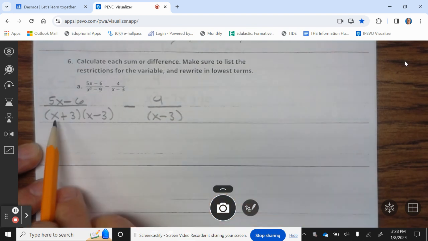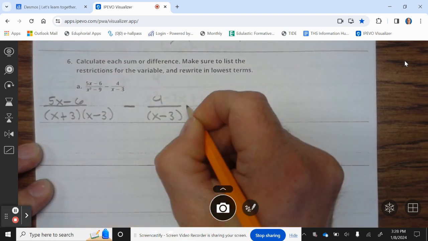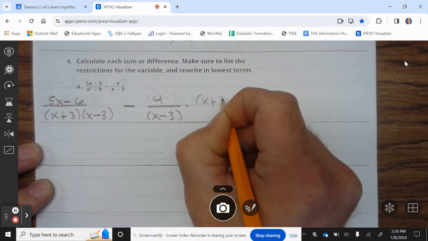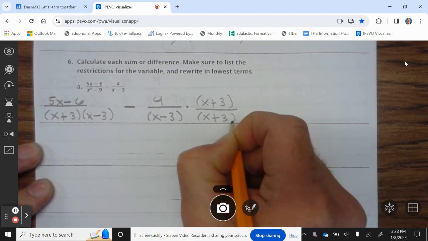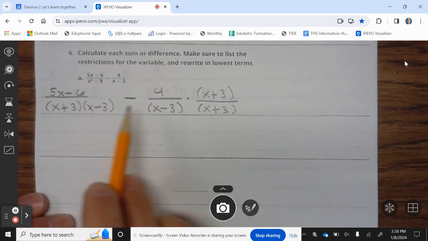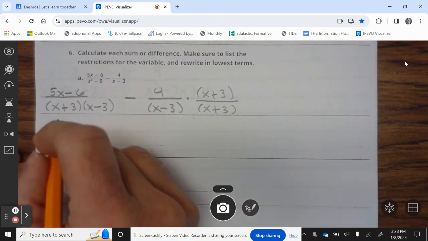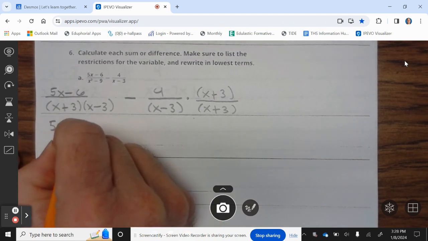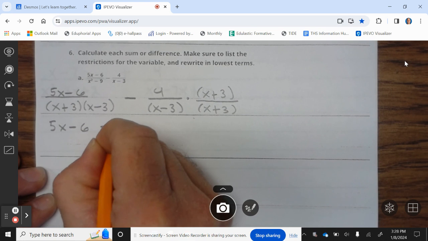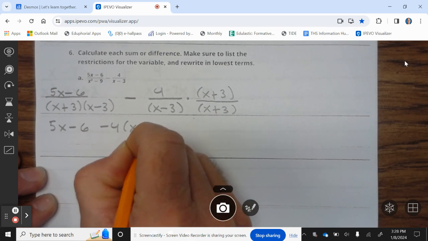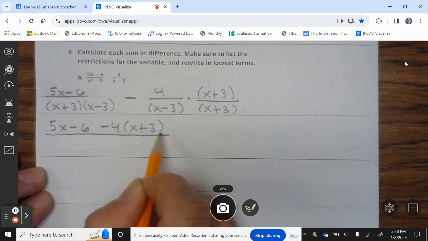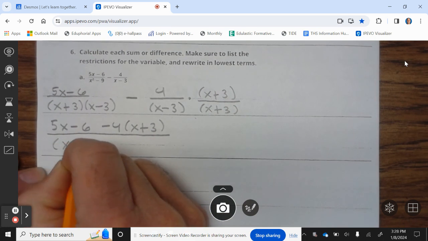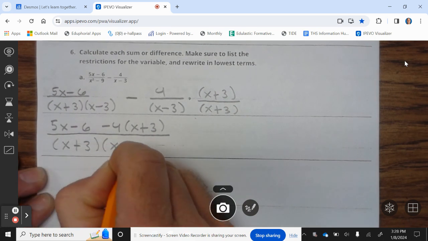Now, this has an x plus 3, this one doesn't, so we need to multiply this by x plus 3 divided by x plus 3. Now they have the same denominator, we can combine the numerators. So we have 5x minus 6 minus 4 times x plus 3 divided by x plus 3, x minus 3.